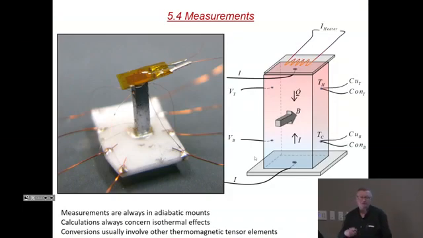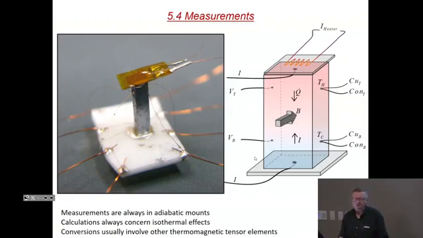Actually, we use the same wires for the thermocouple and for the voltage. Thermocouple is copper constantan, and the voltage is copper to copper. We have mounts where we put a second thermocouple here, and we can then measure the Righi-Leduc effect, the temperature difference there. This is the most accurate measurement.